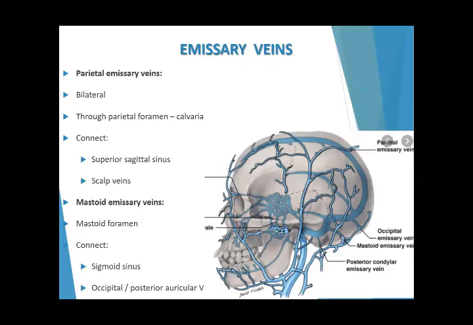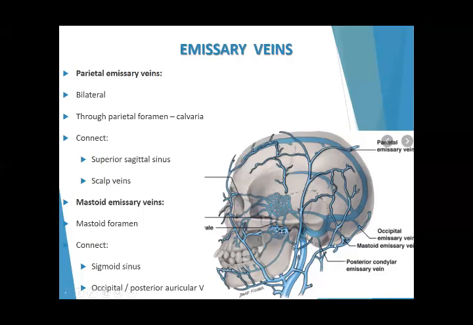Posterior auricular होएगी and occipital vein. So this mastoid emissary vein connects the sigmoid sinus to the posterior auricular यहाँ पे.